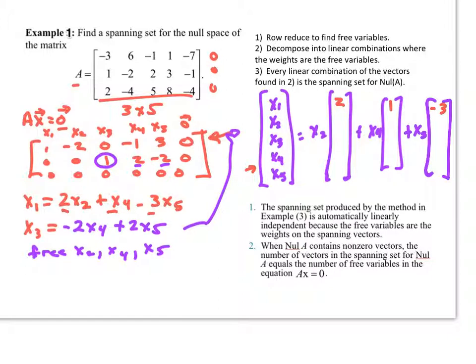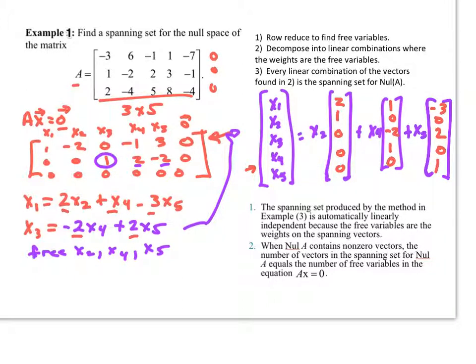Similarly, I can do the same thing for x3, which would be a 0 and a -2 and a 2, which comes from right here. x2 is simply going to be x2. x4 is going to be x4, because those are free variables, and x5 is also free. So I end up with this.